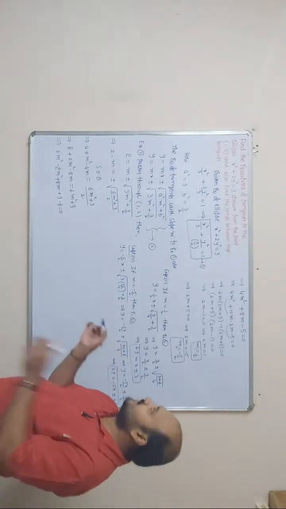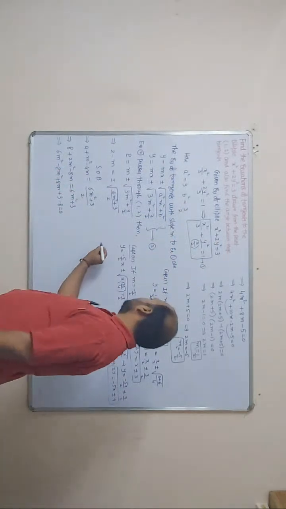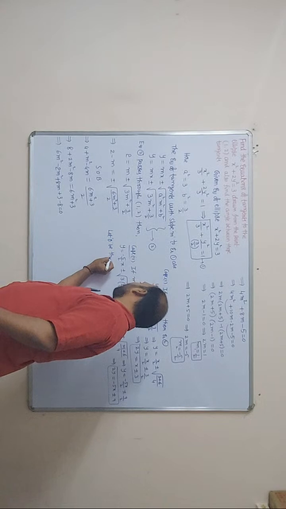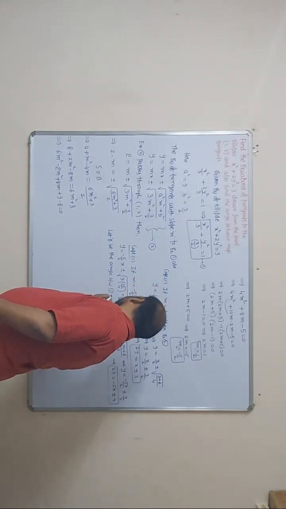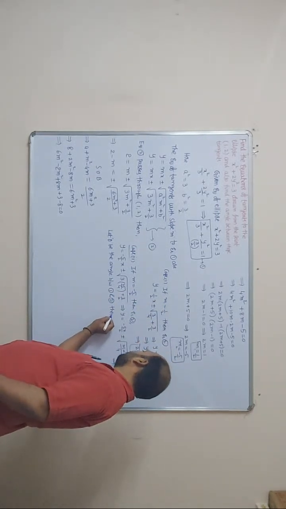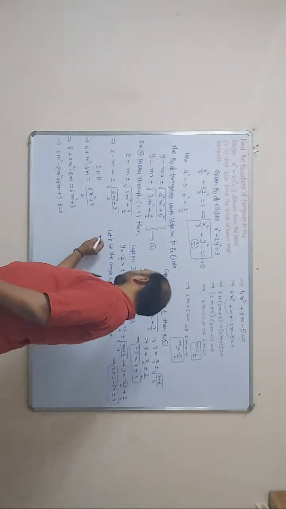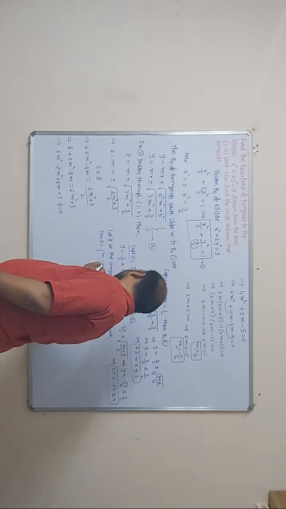These are the tangents, but not only that, we also need the angle between them. So third one, let theta be the angle between the 1 and 2 tangents. Then we have tan theta equal to mod of m1 minus m2 by 1 plus m1 m2.